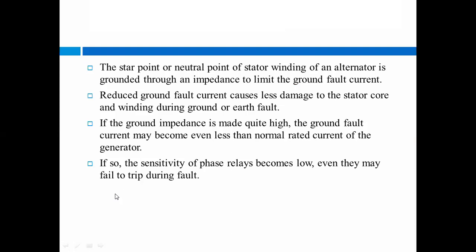Grounded through the impedance, the reduced ground fault current causes less damage to the stator core and winding during a ground or earth fault. When we are using the impedance, it will oppose the flow of current.